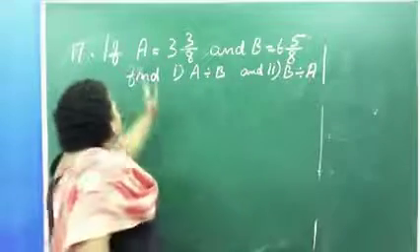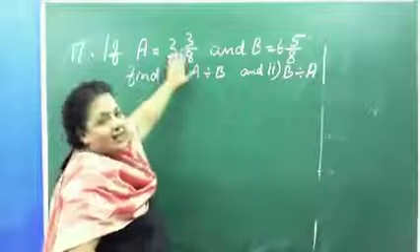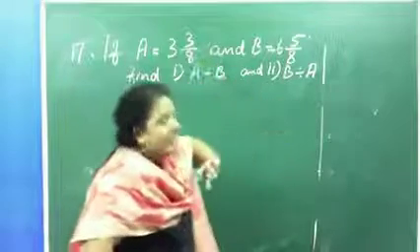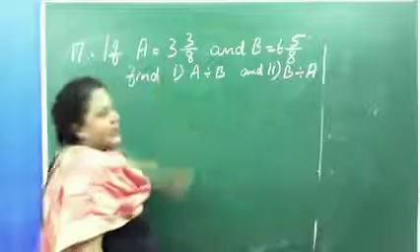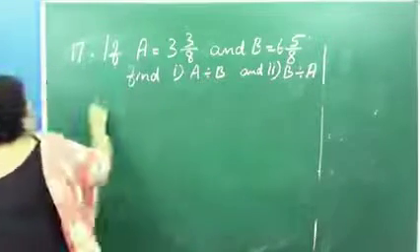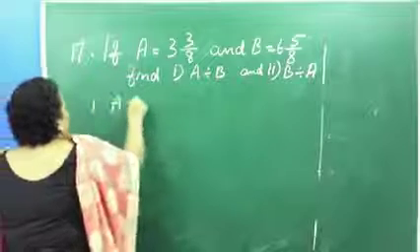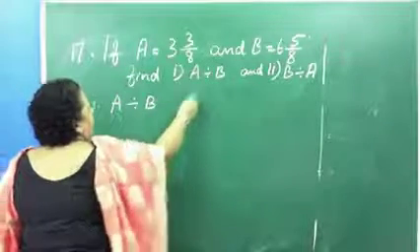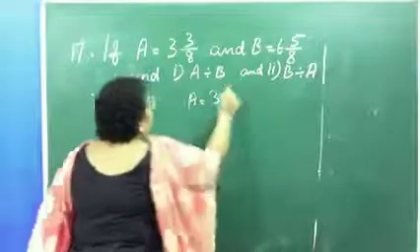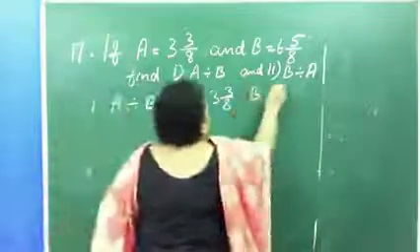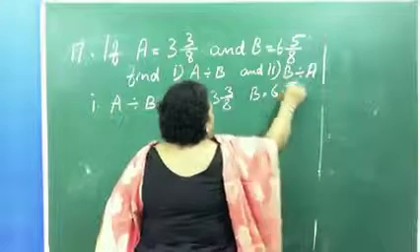I hope you understood. So if A's value and B's value are given, you have to find A divided by B. So the first one we will do here: A divided by B, where A is 3 by 8 and B is 6 5 by 8.